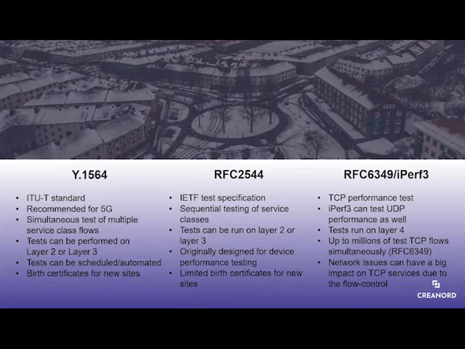Why it's important to run these tests as well is that even if the network is basically performing well, even small performance degradations can have big impacts on TCP traffic performance. So if a lot of traffic is TCP based, it really makes sense to run these tests as well.